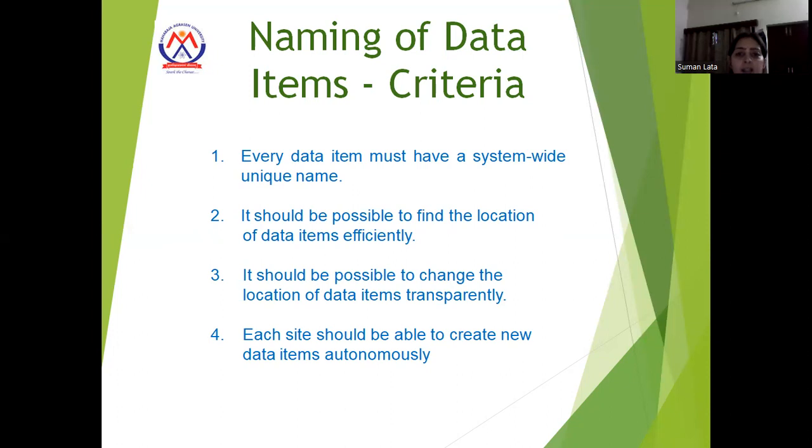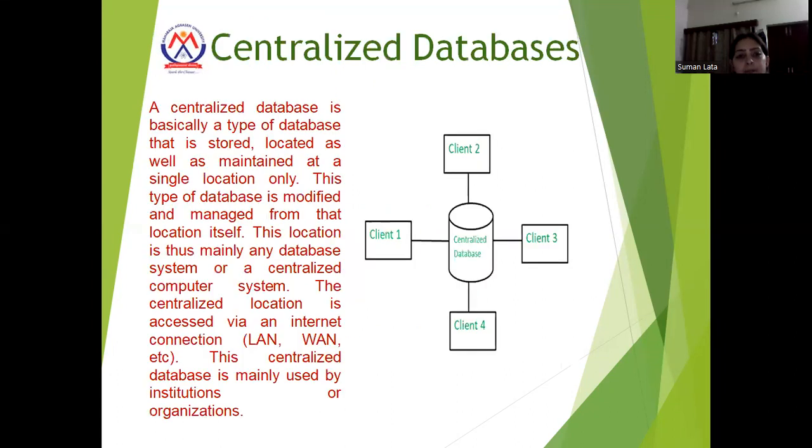Second, it should be possible to find the location of data items efficiently. It should be possible to change the location of data items transparently. Each site should be able to create new data items autonomously.